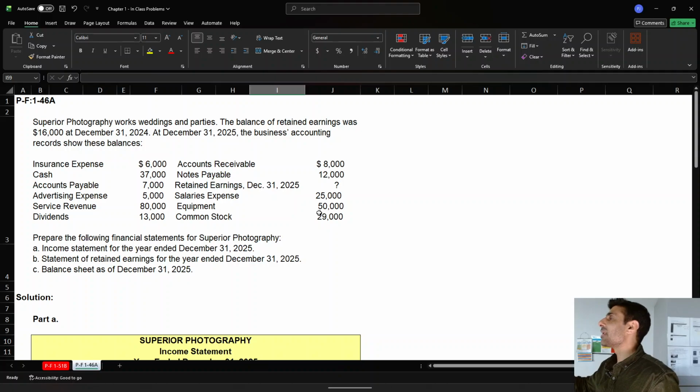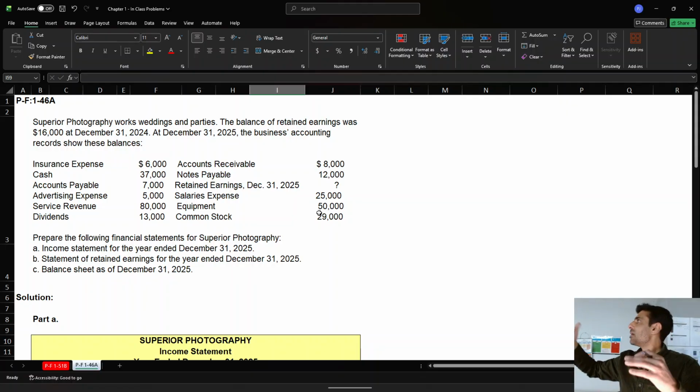So the trial balance is an organized form of this, but it integrates the system of debits and credits. So we'll see what that is. But really this information is what we need to make our financial statements, as we saw, right? Once you had this, it's just a matter of placing them in the right financial statement, and then you have your reports.